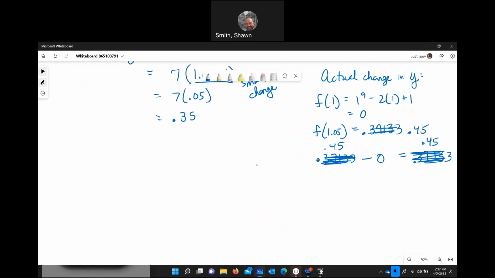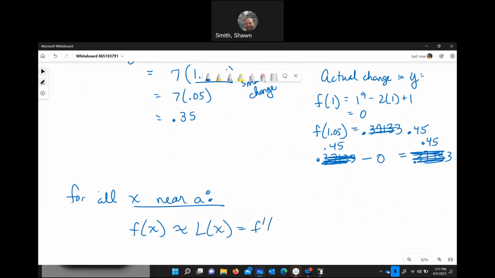So just as a recap, for all x near a, f of x is approximately the linear approximation function, which is f prime of a times x minus a plus f of a.